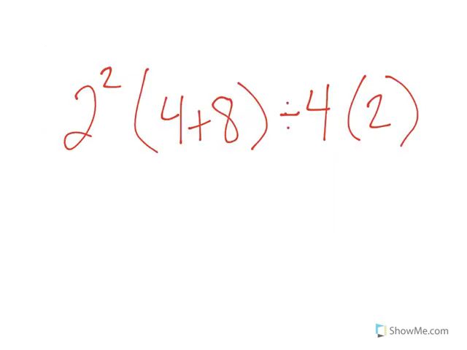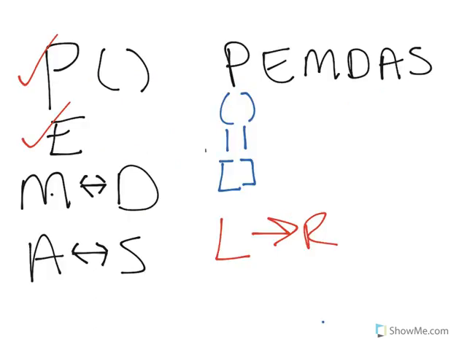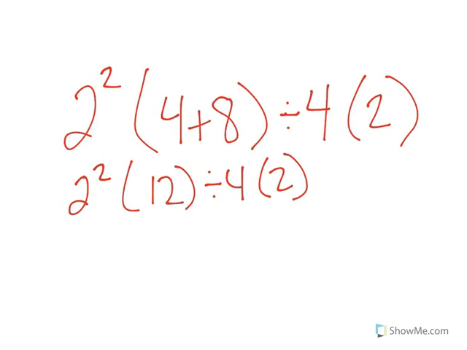We have parentheses. So let's do the parentheses first. So we have 2 squared divided by 4 times 2. Now next, let's go back, check, make sure we're doing it right. We've got exponents. We're going to do exponents. 2 squared, 2 to the power 2 is 2 times 2, which is 4.